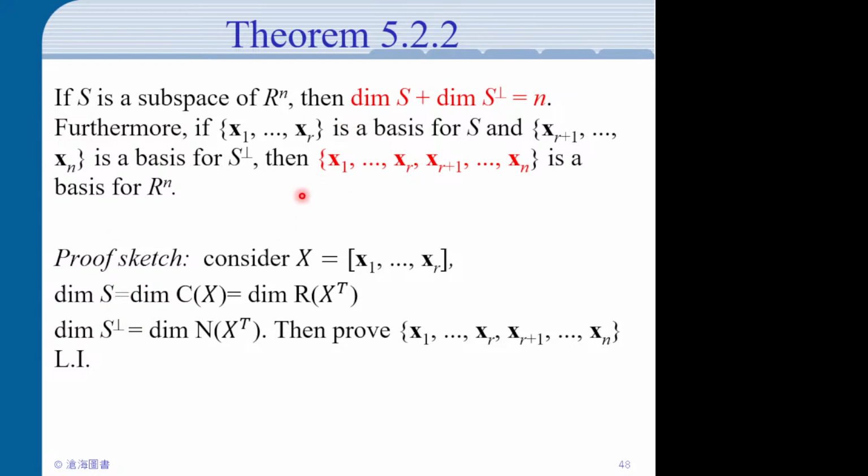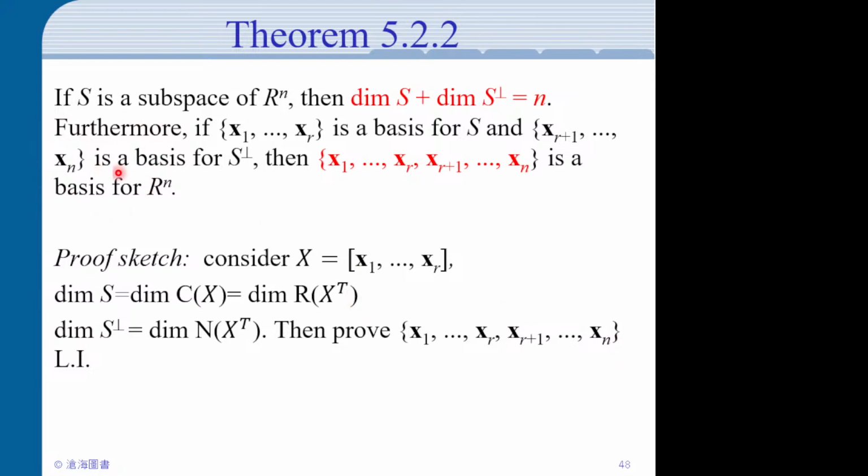Then we can prove that if you list the bases together, it is also a basis. We know the dimension is n, so there will be n vectors here, and then we just need to prove that they are linearly independent.